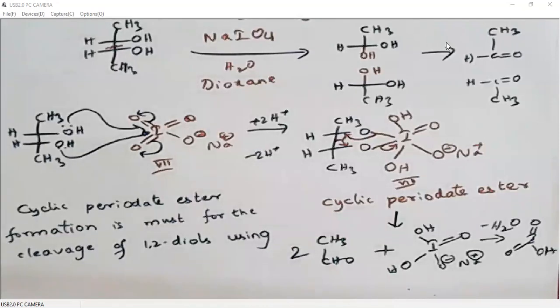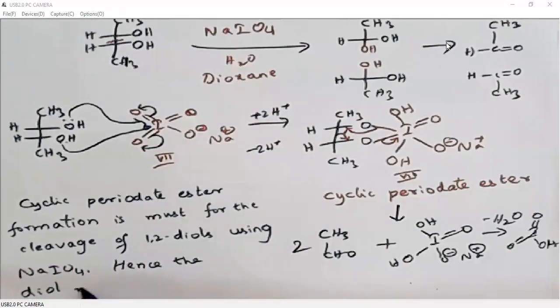So cyclic periodate ester formation is a must for the cleavage of 1,2-diols using sodium periodate. Hence the diol must be a syn diol or cis diol.